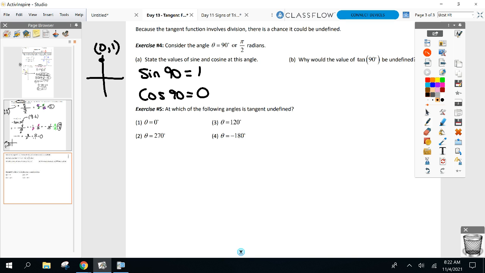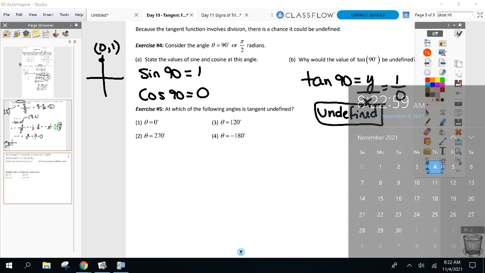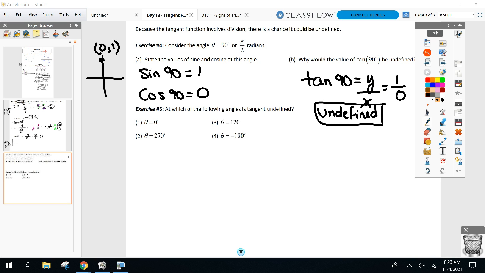All right, now let's do tangent. Tangent, y over x. What's your y coordinate? 1 over 0. But there's a problem. If you do 1 over 0 on your calculator, it's going to give you an error. That's why we say at tangent of 90, undefined, cannot divide by 0. There is no value at tangent of 90. Perfect timing.